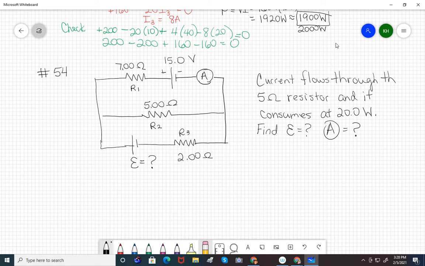All right, that 5-ohm resistor, the one that's located in the middle, is using energy at 20 watts.